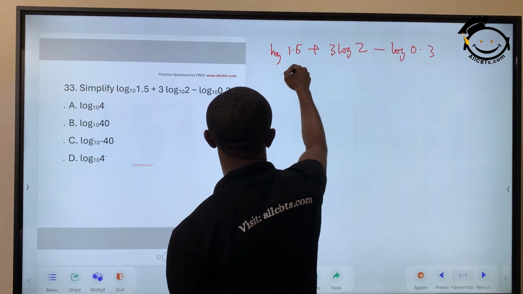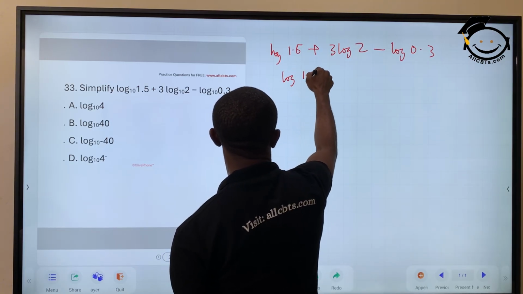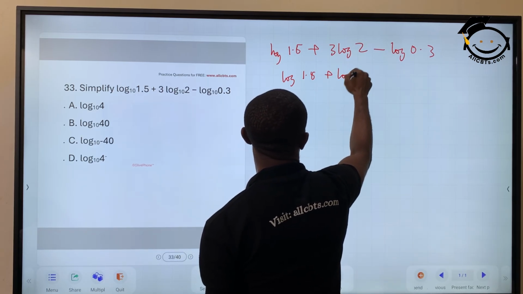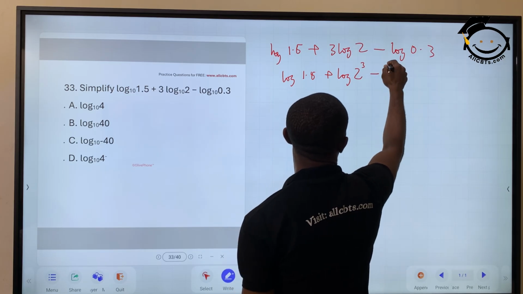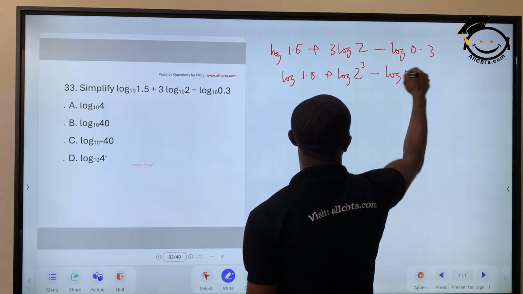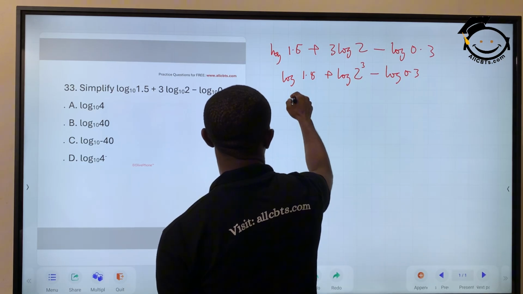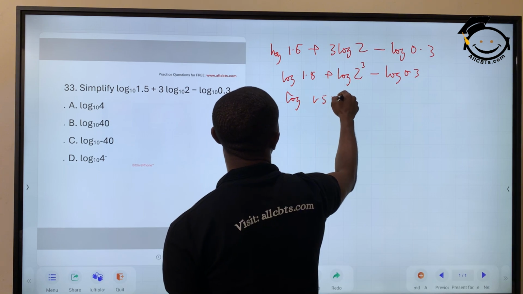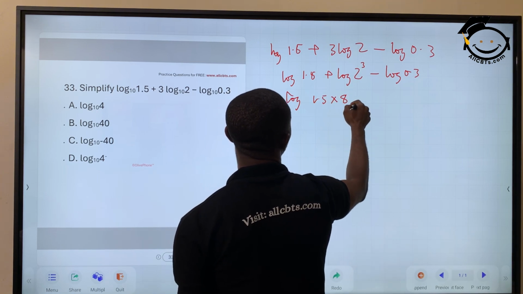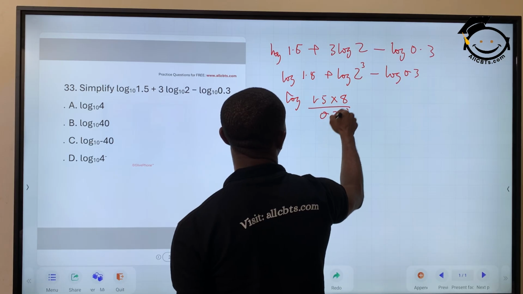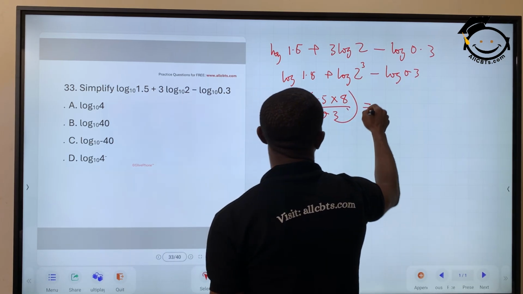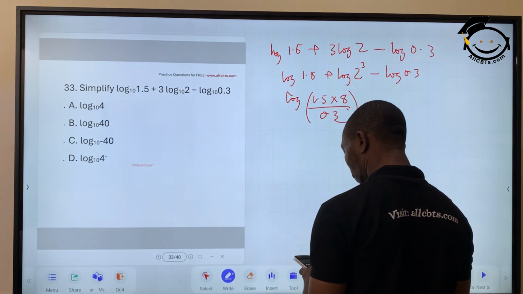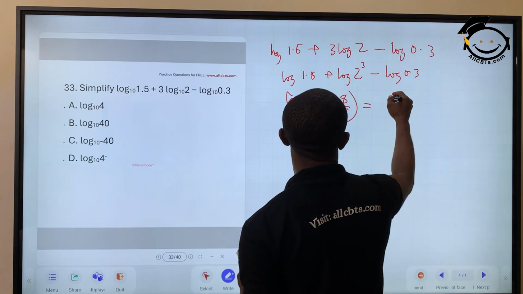So this can be written as log 1.5 plus log 2 raised to the power 3 minus log 0.3. So this would be log of 1.5 times 8 divided by 0.3. So log of 1.5 times 8, 1.5 times 8 gives us 12.